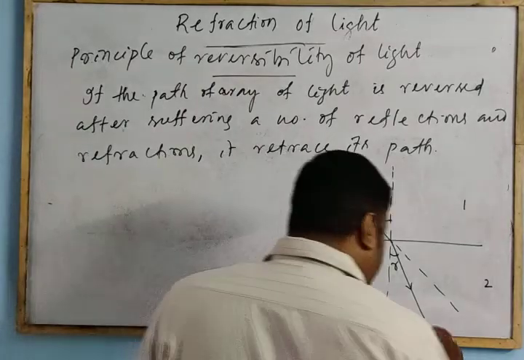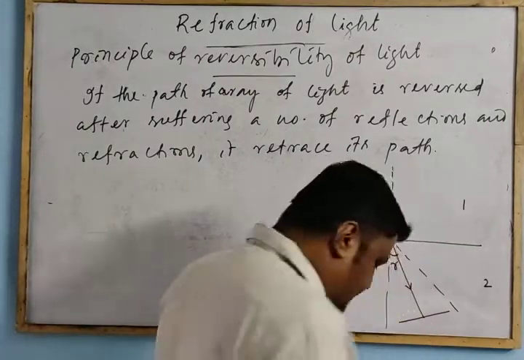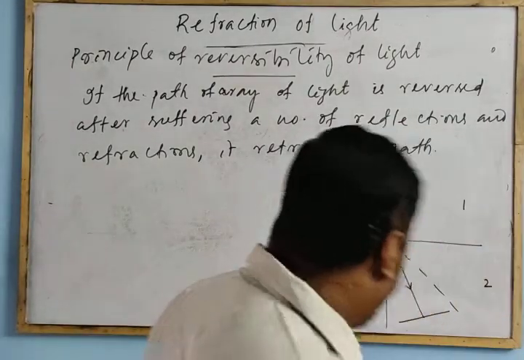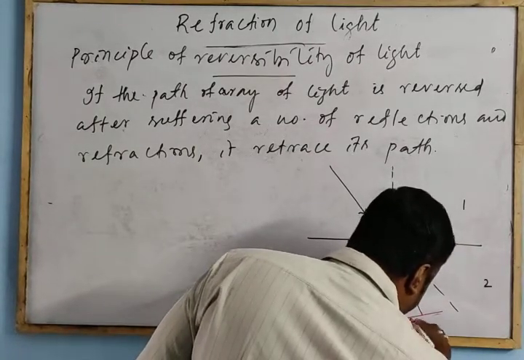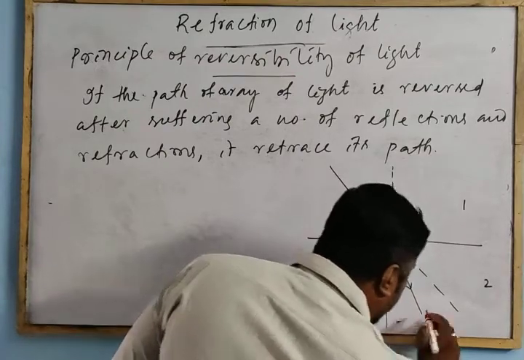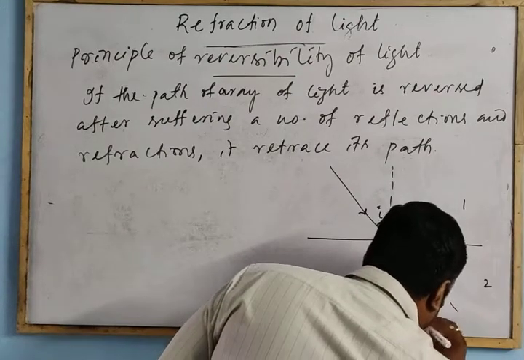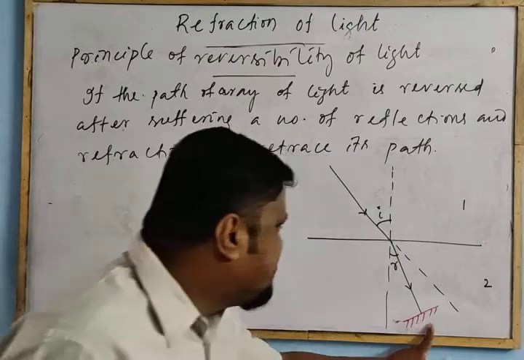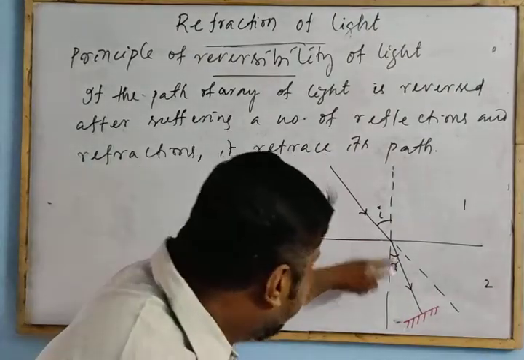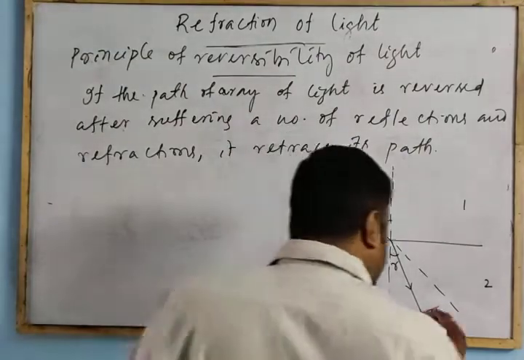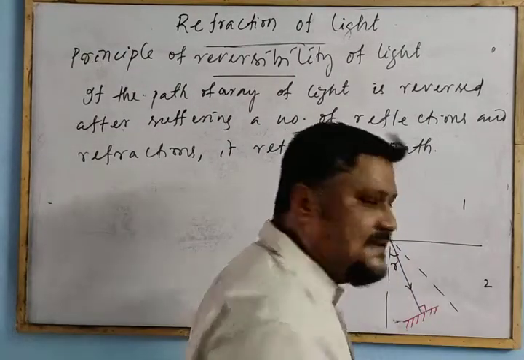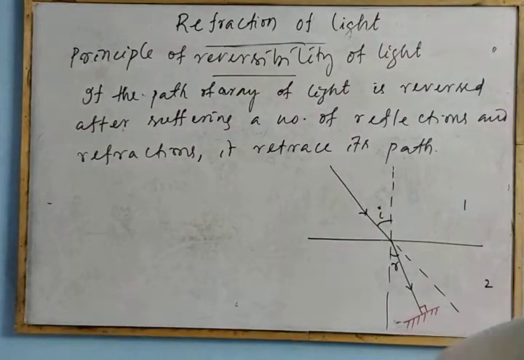Now I will place a plane mirror on the path of the refracted ray, like this. The plane mirror is so placed that the refracted ray is incident normally on it, perpendicular. Then what happens?